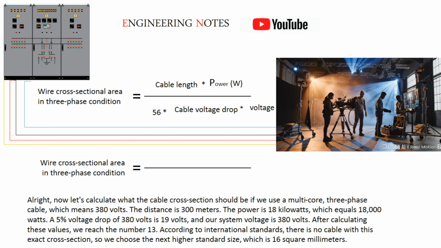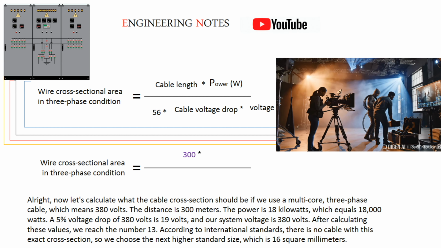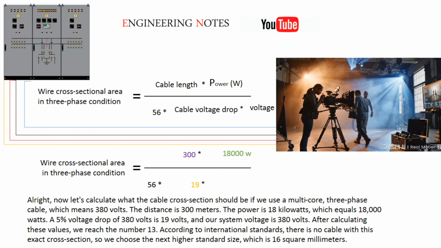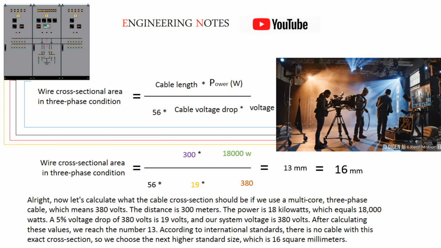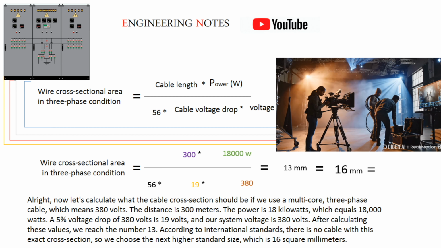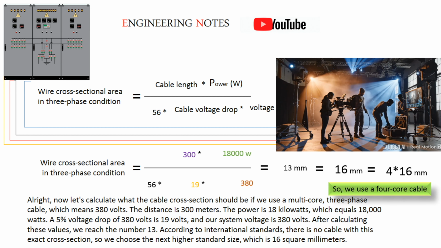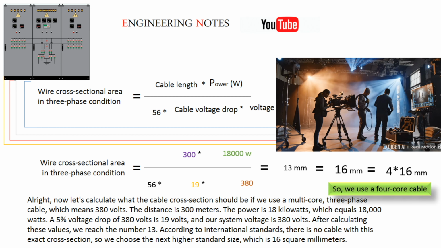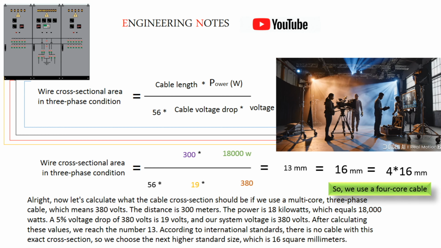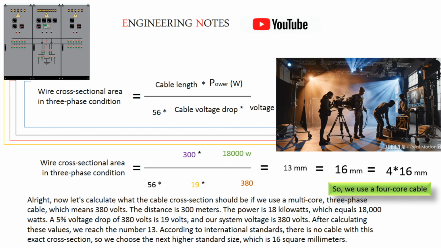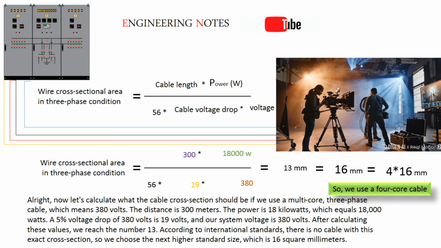Alright. Now let's calculate what the cable cross-section should be. If we use a multi-core, 3-phase cable, which means 380 volts, the distance is 300 meters. The power is 18 kilowatts, which equals 18,000 watts. 5% voltage drop of 380 volts is 19 volts.